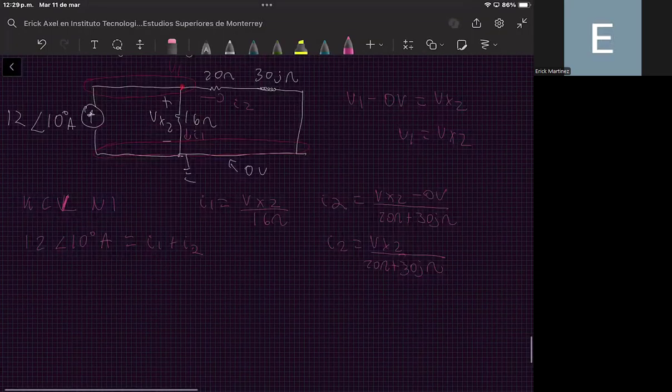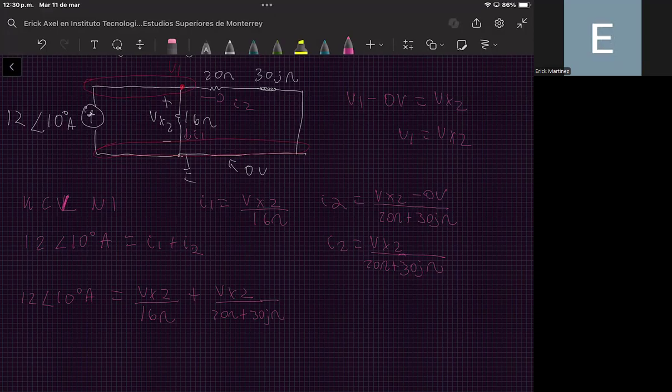So we have 12 with an angle of 20 degrees amperes equal to Vx2 divided by 16 ohms plus Vx2 divided by 20 ohms plus 30j ohms.